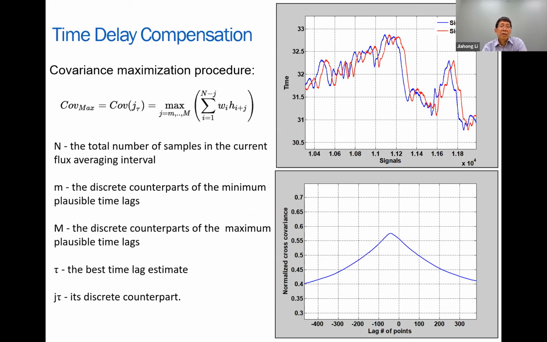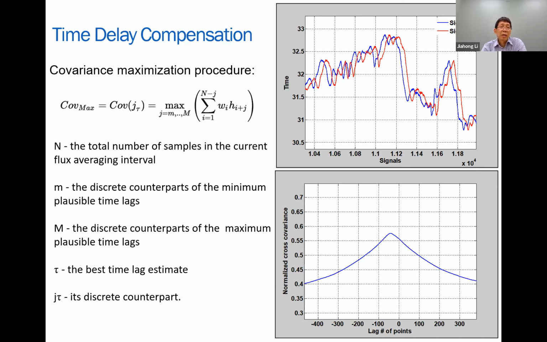Time delay is an issue we need to address in data processing. When we use a data logger or other devices to log data, the electronic signals from different instruments may arrive at the data logger at different times.